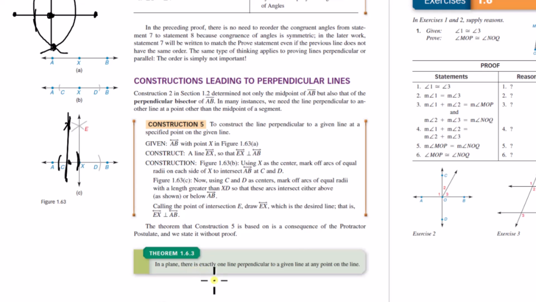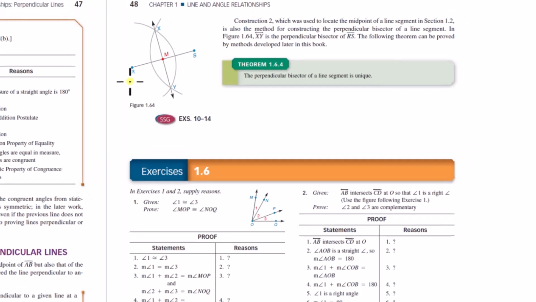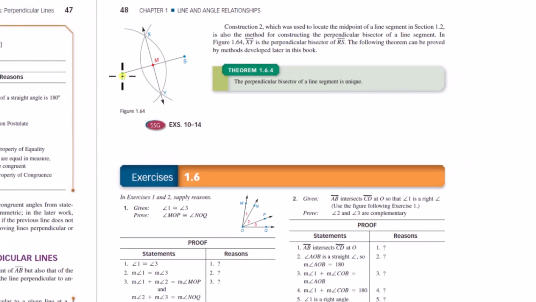All right, now, if we think about how we constructed this, where we put the center of the compass at R, made the radius bigger, clearly past the midpoint, and then drew an arc, and then didn't change the radius, came to the other end and drew another arc.